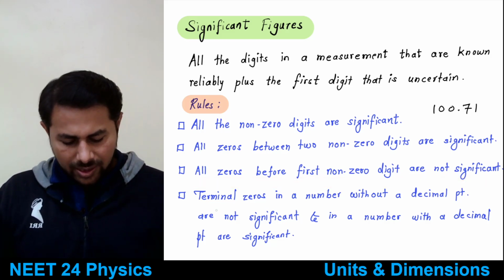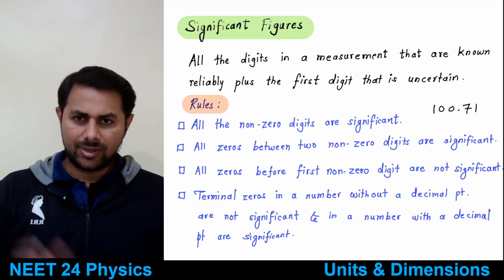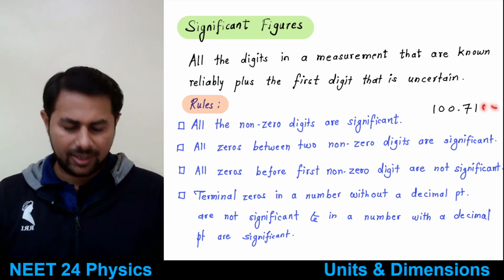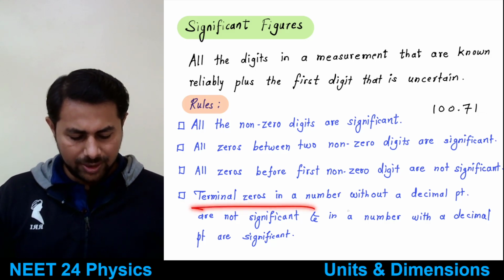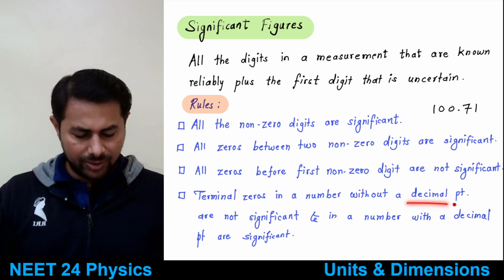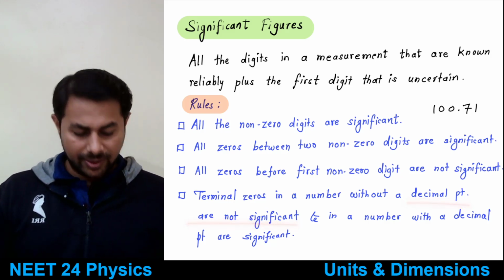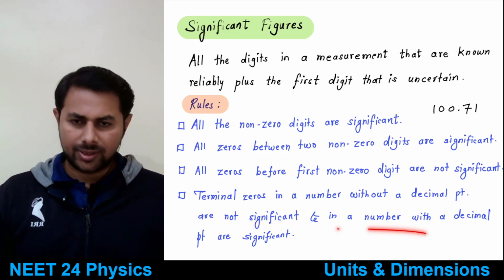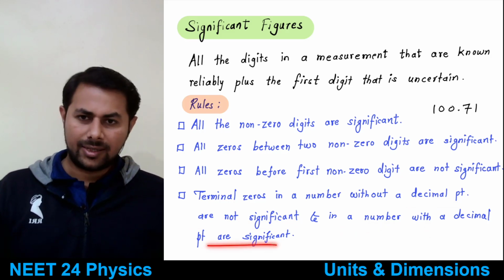Then there is a rule regarding terminal zeros. Terminal means if you write zeros at the end. So terminal zeros in a number without a decimal point, this is important, without a decimal point are not significant, but terminal zeros in a number with a decimal point are significant.